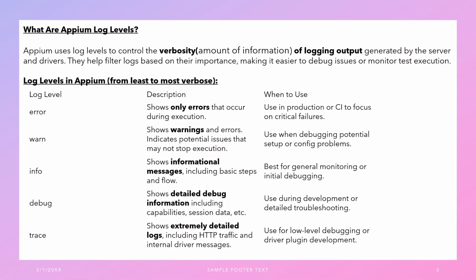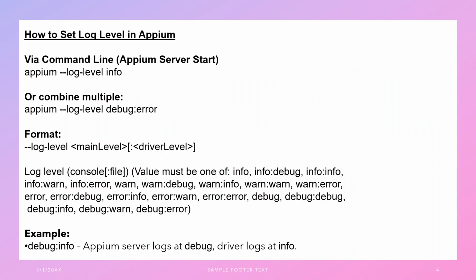So some logs are generated by the server, and some logs are generated by the driver. Suppose I want to choose what type of log I want for the server and what type for the driver. Suppose for the server I want info, but for the driver I want debug. Then you have to use a combination: info colon debug means info for the server and debug for the driver. Debug colon info means Appium server logs at debug and driver logs at info.